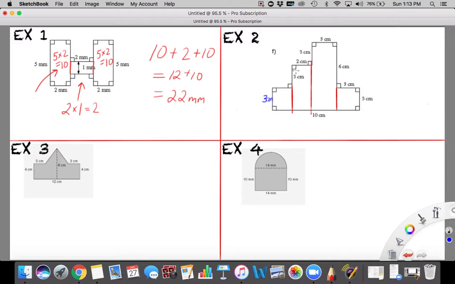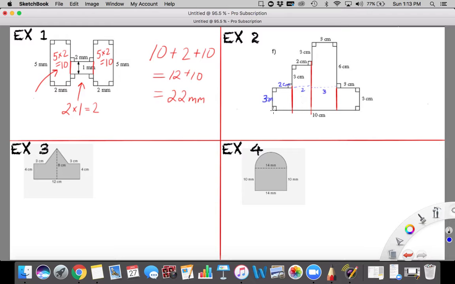This portion right here is 2 centimeters. This portion right here is 3 centimeters. So 10 minus 3 is 7, minus another 3 is 4, minus this 2 is 2. So this one has to be 2 centimeters.